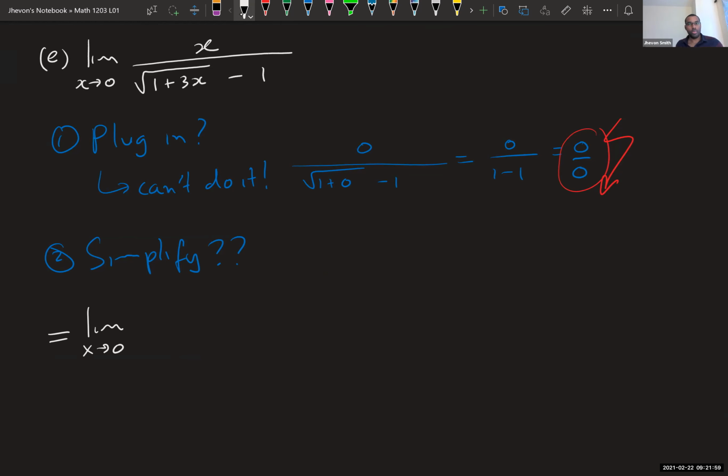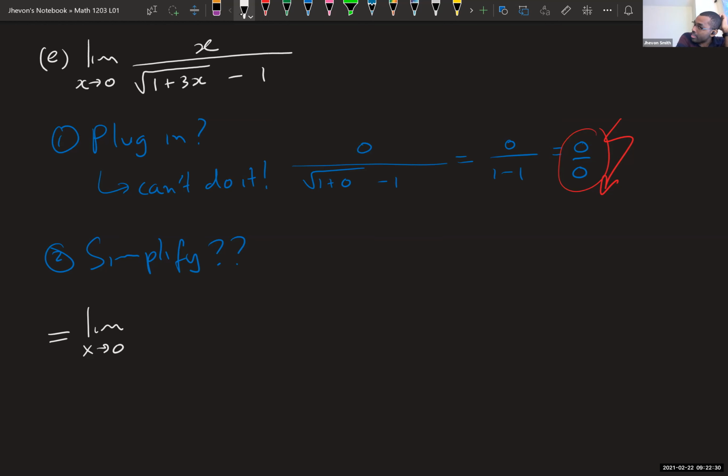Honestly, I have no idea. This is the only one I couldn't get. Maybe it's a trick. Maybe it can simplify, and really we're just supposed to be plugging in values here. It doesn't look like you can simplify. But, plug in values. Would you want to plug in values into that? Let's plug in 0.0001 into that guy. It's not a fun time, right? Does Jhevon really expect us to do that?